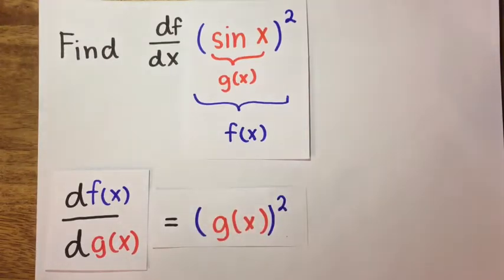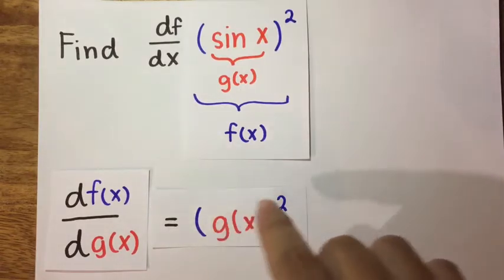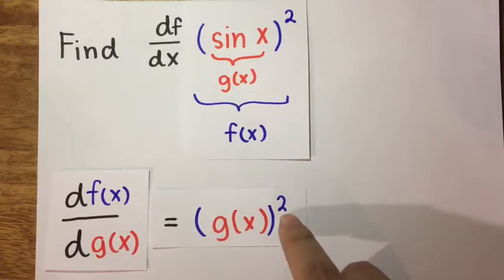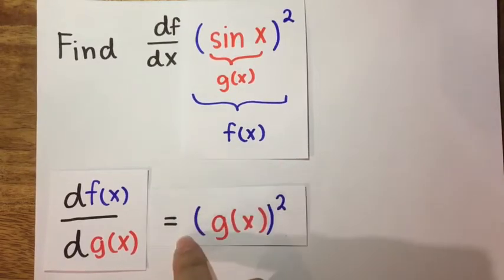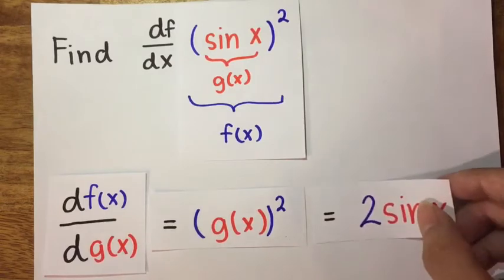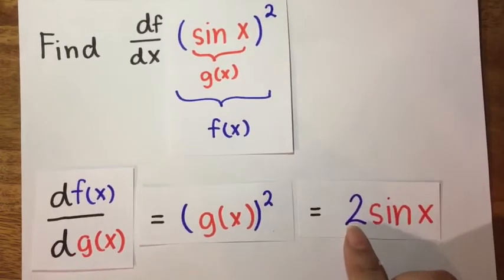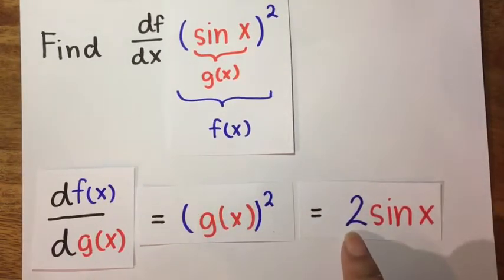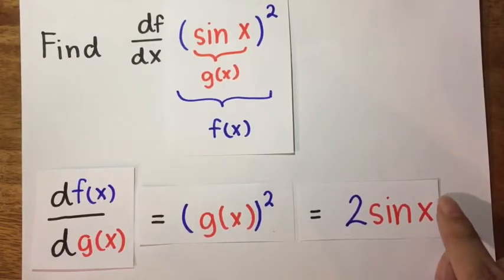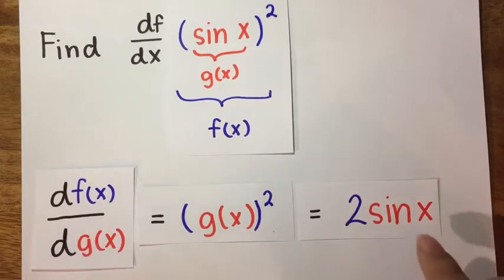The same, just normal with a number. You can just think about this as an x to the power of 2. The power rule, so you move 2 to the front and 2 minus 1, which will give you 2 to the front, 2 sine x to the power of 1, which we are not going to write, so 2 sine x.